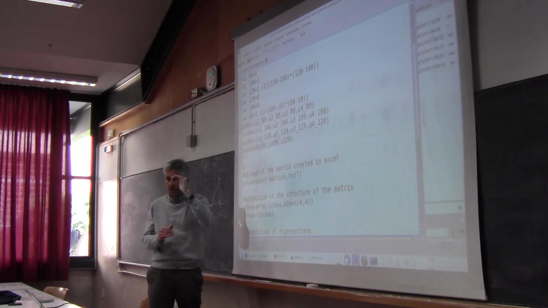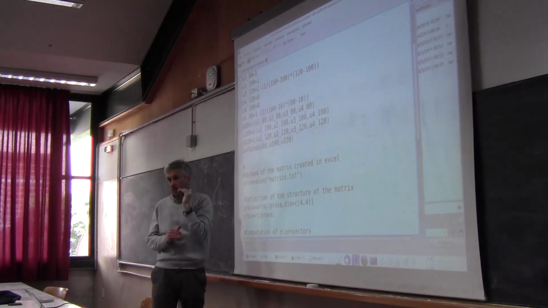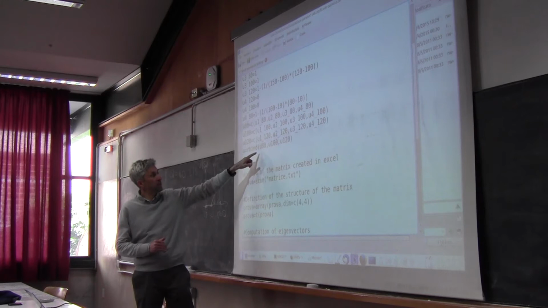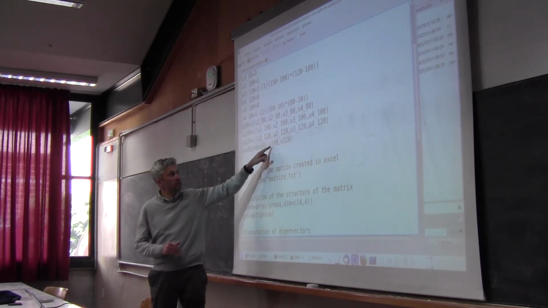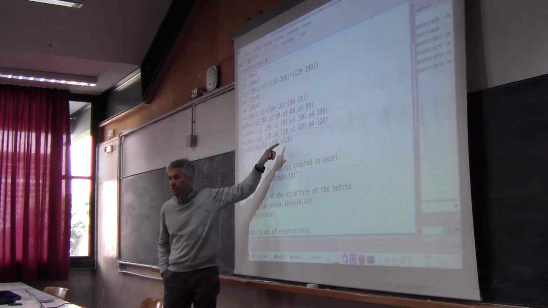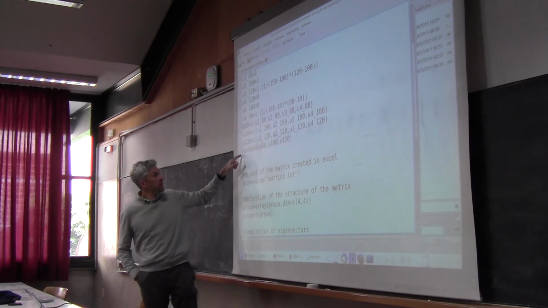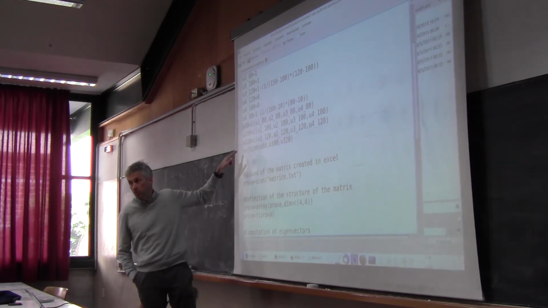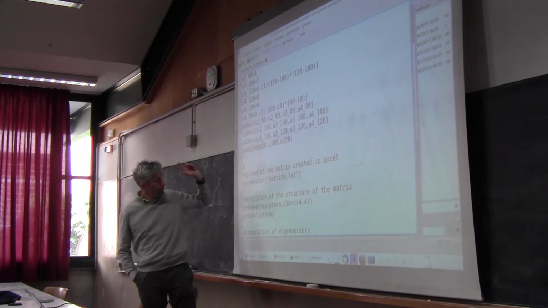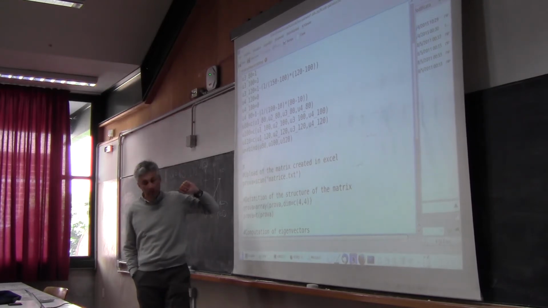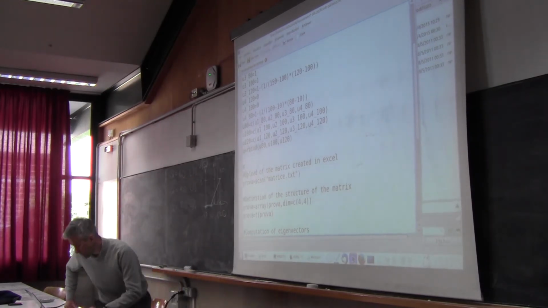R-bind means row bind, which means by using the vectors U80, U100, and U120, create a matrix that is called U. Okay? And this is very easy to make.